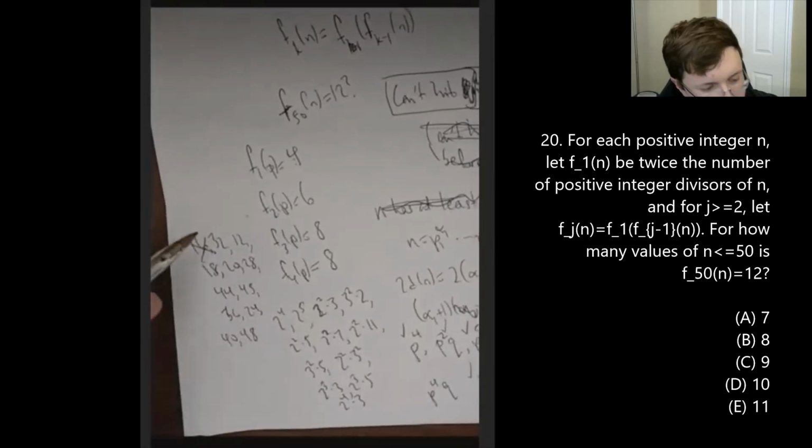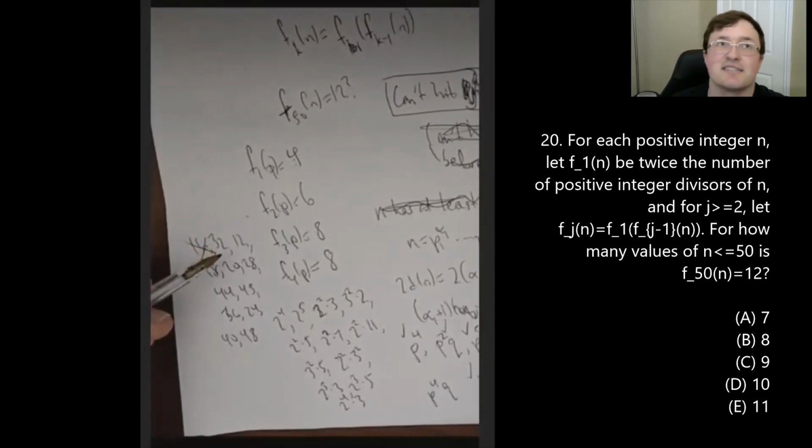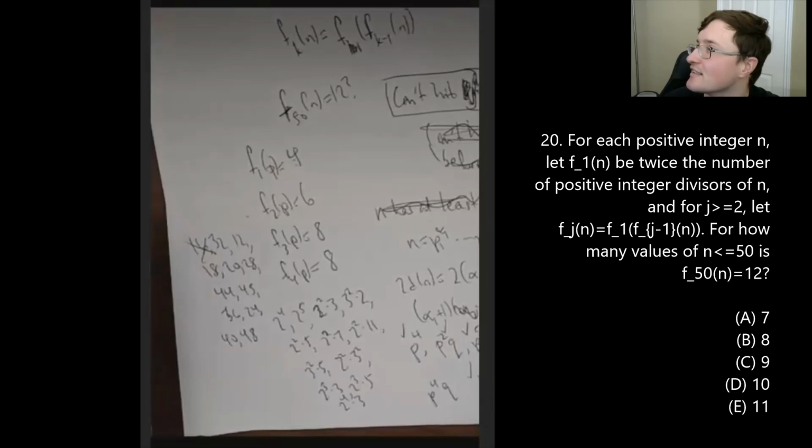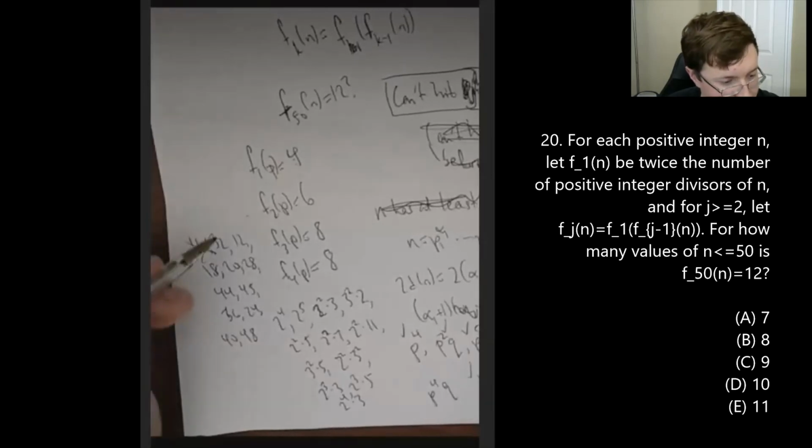Okay, that doesn't work. 32 has 6 divisors, that I double it, I get 12. How many divisors does 12 have? 2 squared times 3, that's 6 divisors. And I double that, I'm back to 12.